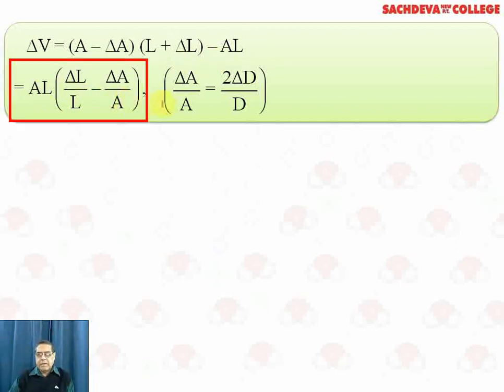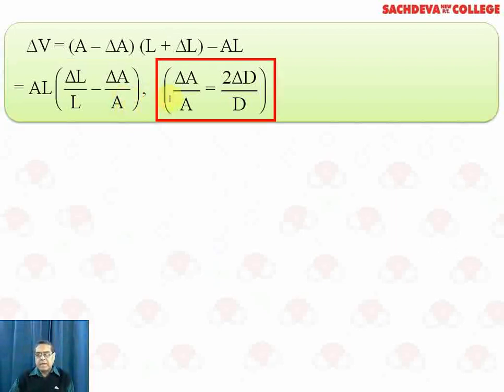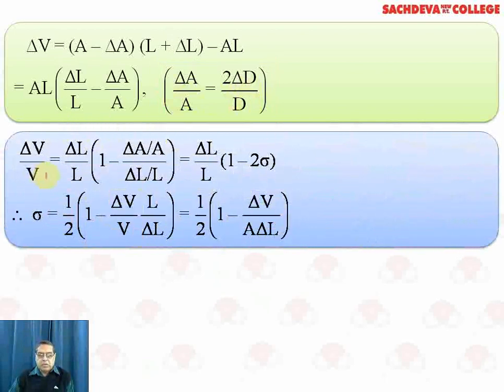Now this can be taken as delta L by L minus delta A by A, and delta A by A equals 2 delta D by D. These are all the mathematical investigations regarding the Poisson's ratio, which is beta over alpha.